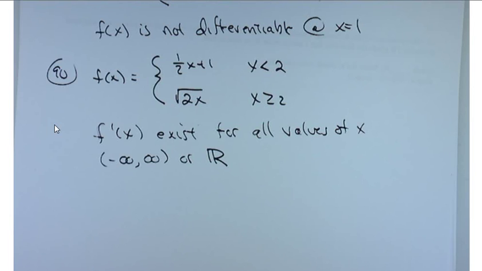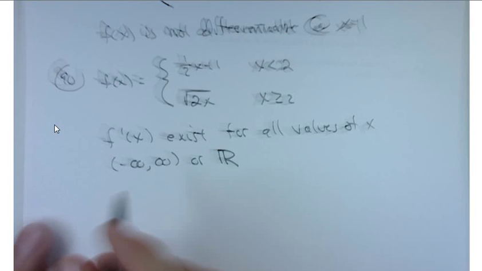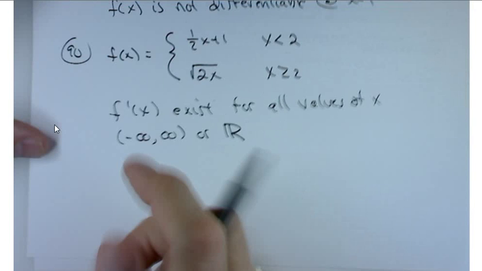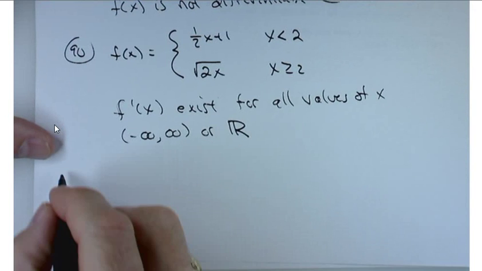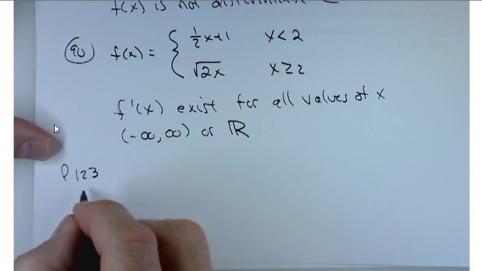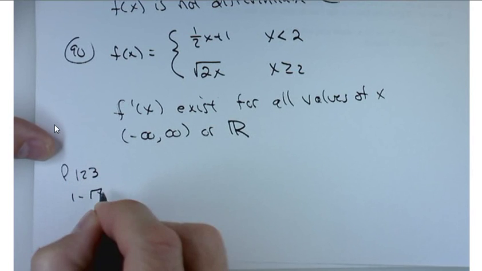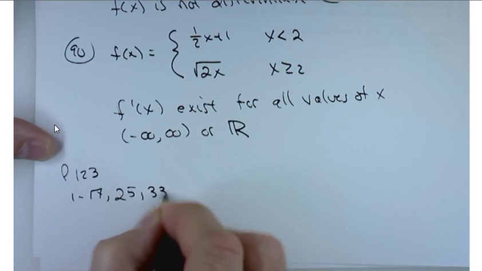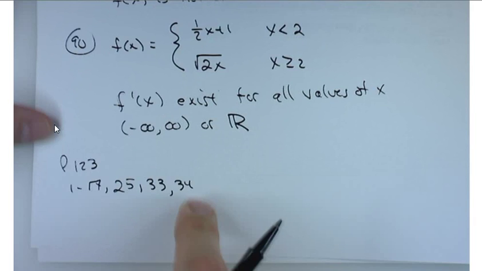So, yeah. All right. For homework, theoretically, some of this was already done, but if not, then okay. This is on page 123. Try 1 through 17, 25, 33, and 34. Of course, 34 we did in class.